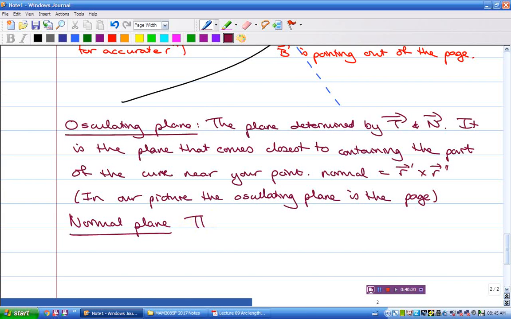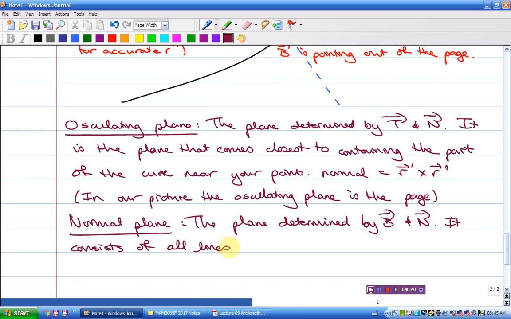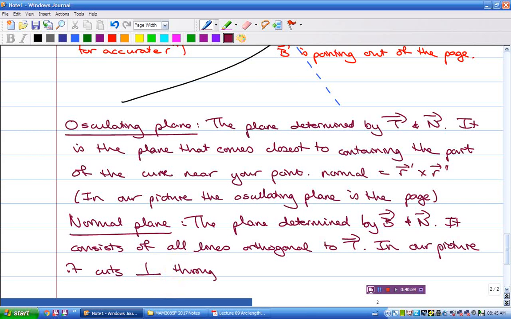It's the plane determined by B and N. It consists of all lines orthogonal to T. In our picture, it cuts, I'm just doing a perpendicular sign there, it cuts orthogonally through the page at, and I'm going to write here at the blue dotted line, but you know, if yours isn't blue, don't write blue, write something meaningful, at the blue dotted line. Okay, that's the normal plane.